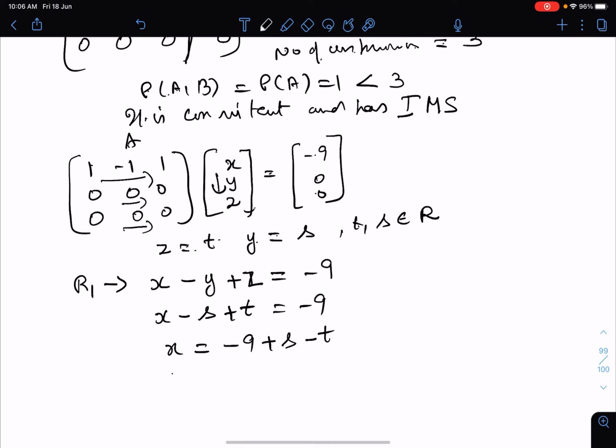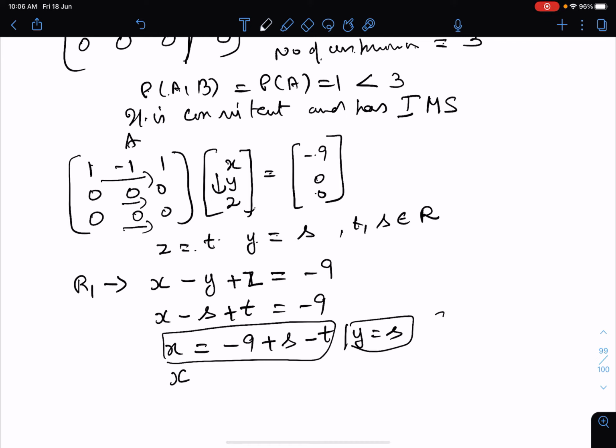Okay, keep it as it is. So X is equal to this, this is the solution, and what is our Y? Y equal to S and Z equal to T, where S and T belong to R, real numbers.